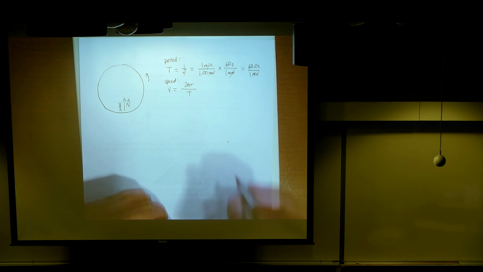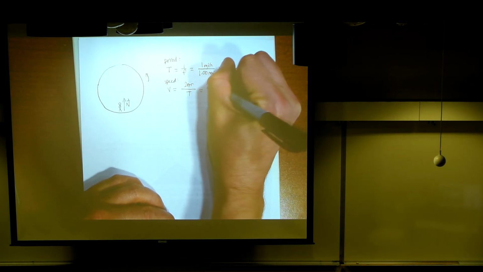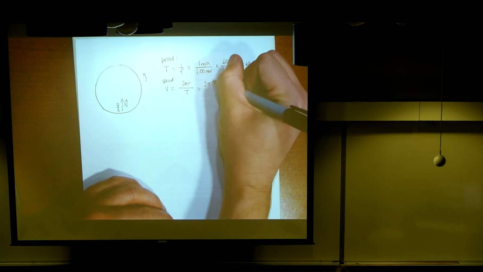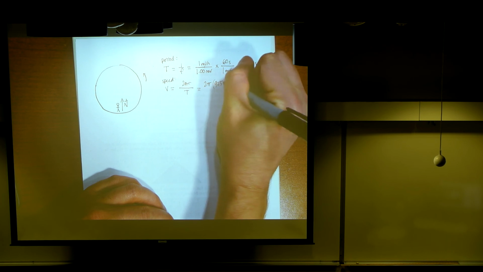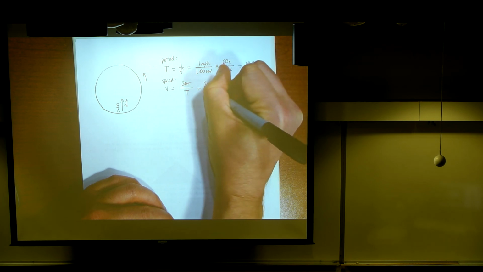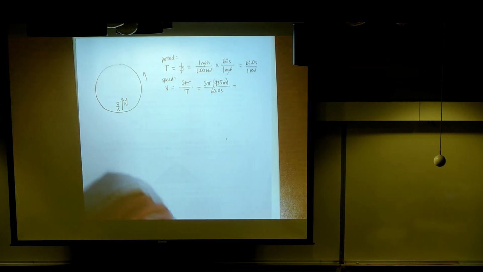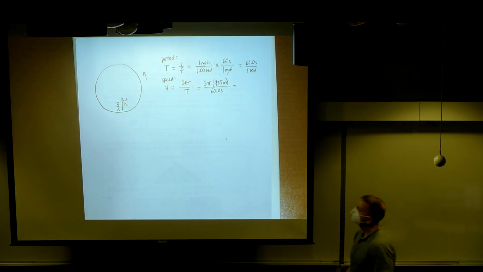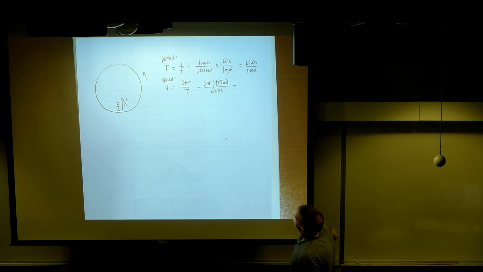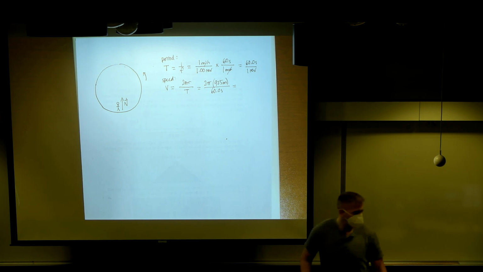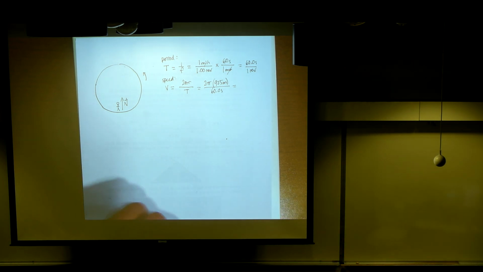So now let's put a number to that. We have 2 pi. We have a radius of 925 meters. And then we have a period of 60 seconds. So can someone tell me what the speed ends up being? Like 969.